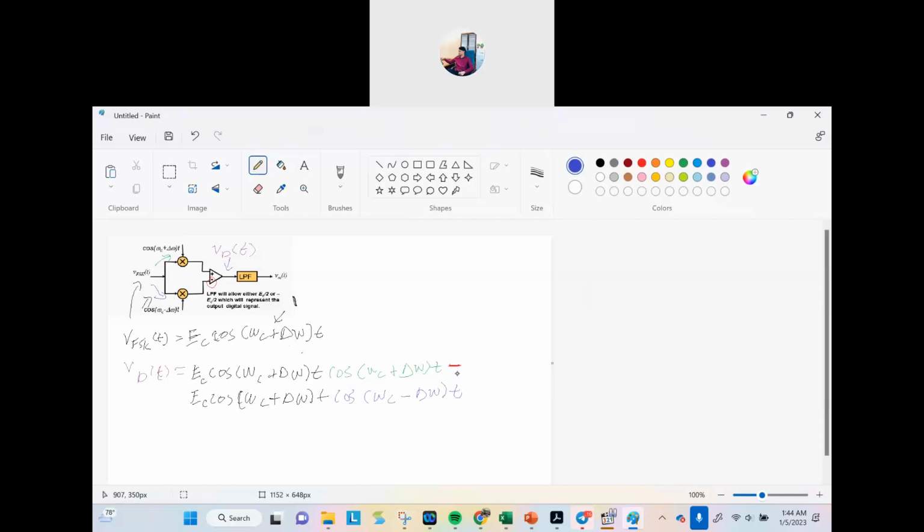If you imagine this one is cos A, you will do your trigonometry, right? Cos (omega C plus delta omega) t, let's put it as cos A, and then the next is cos (omega C minus delta omega) t.